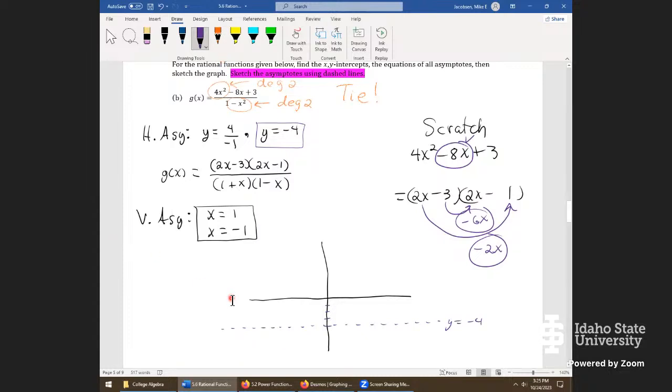The graph can cross it, but on the very far left and the very far right, our curve must be getting very, very close to it. Next, we'll plot these two. We have positive 1 here, negative 1 here. I did change my scale. Going this way, I have a wider scale, and going vertically, it's a little bit more compressed.